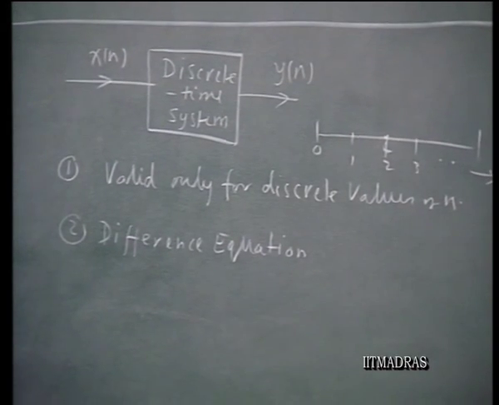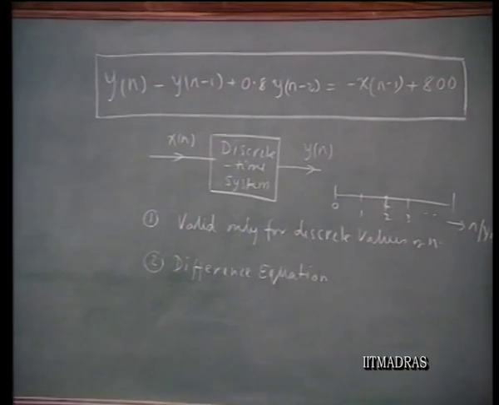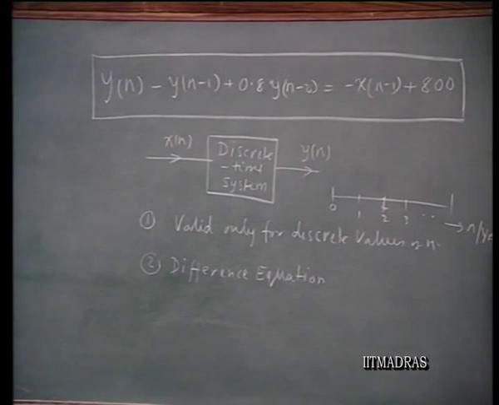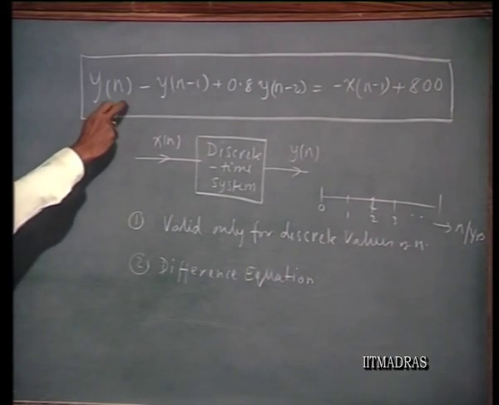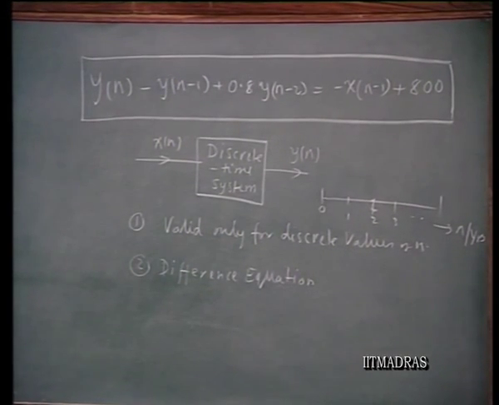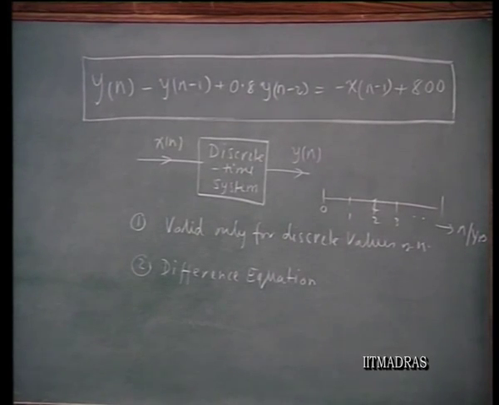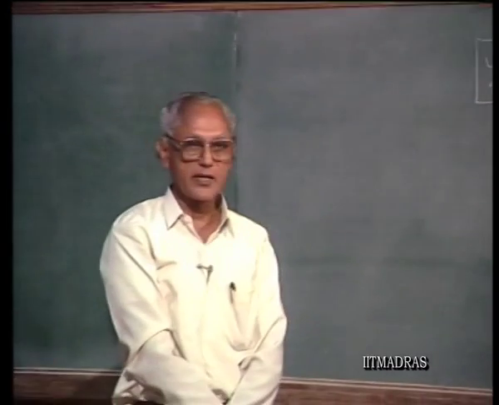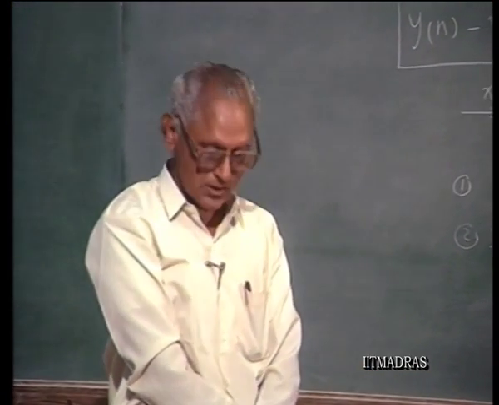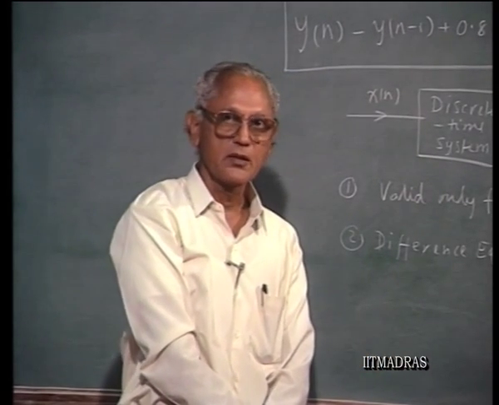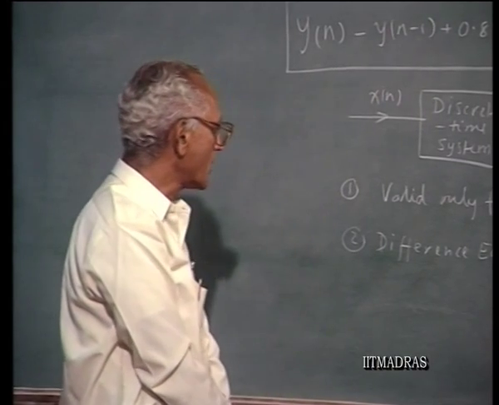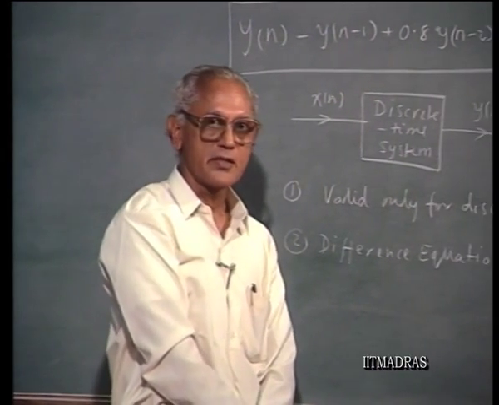In discrete time systems, the independent variable takes on discrete values, and the equation of this type is called the difference equation, in contrast to the differential equation that we come across for continuous time systems. So, that is the major difference between a continuous time system and a discrete time system. In a continuous time system, you have a differential equation coming into operation. In the discrete time system, you have a difference equation that is important.